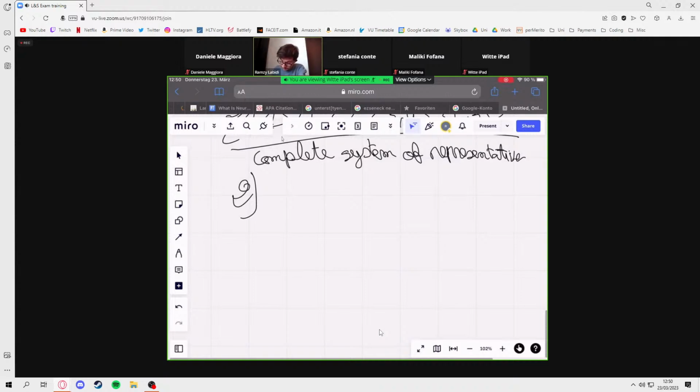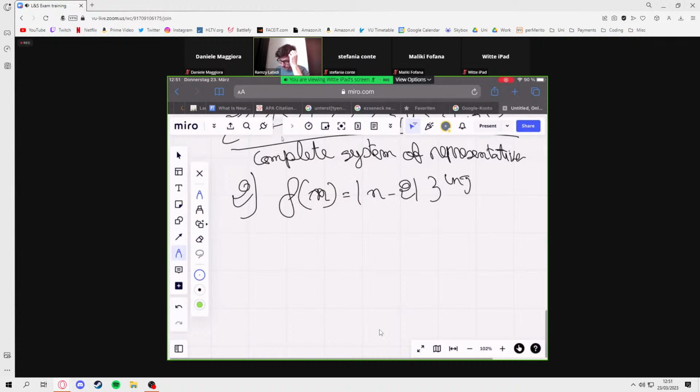The first function we have is f of n is equal to the absolute value of n minus 2. So first we have to show whether this is injective and surjective.